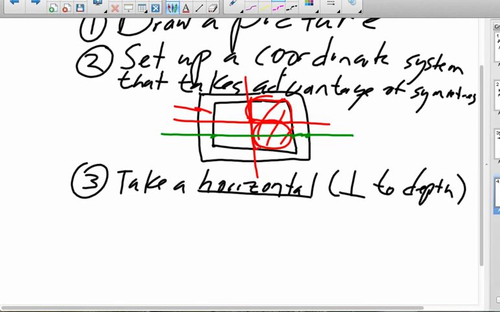And remember, we talked about that our total force is only dependent on the area that we've got and the depth. So we're going to take a very thin horizontal slice where the change in depth approaches 0. So we're going to take a horizontal slice.